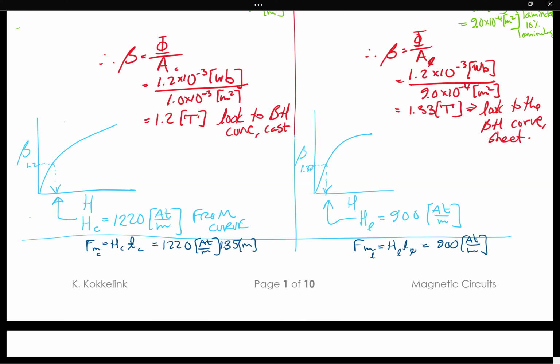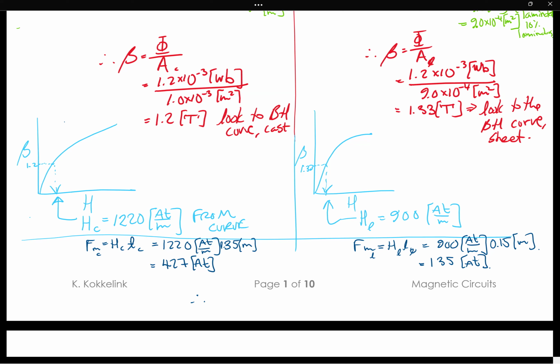And what did I have for mean path length over here? I had 0.15 of a meter. So that left me with 427 amp turns. And over here, the ferromagnetic force is 135 amp turns.